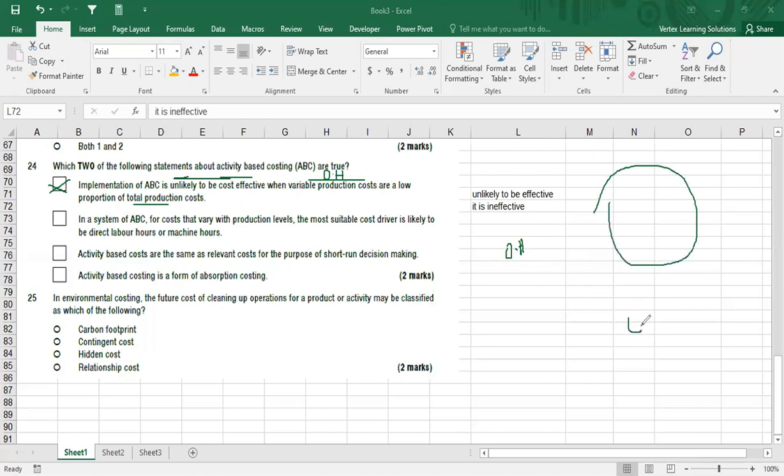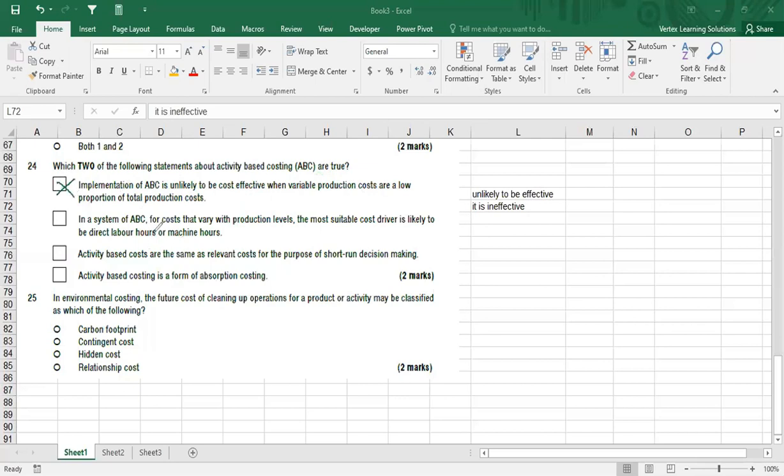If you have very small overheads, then it is not suitable. So this question says that if variable production costs are small compared to total production cost, ABC is ineffective. They are actually changing the focus. Yes, we do talk about some proportion of total production cost, but that's not about variable production cost, that is about overhead. If you put the word overhead here, then this statement would become true. So for now, it is wrong.